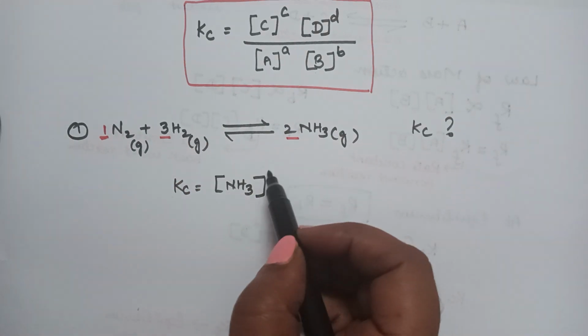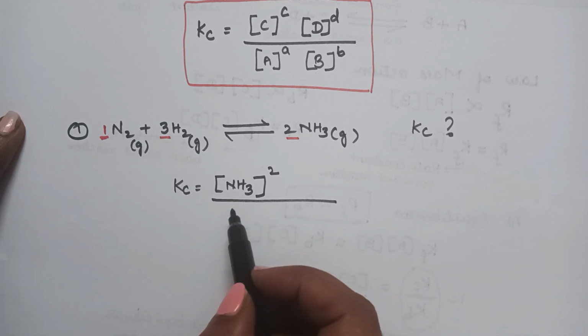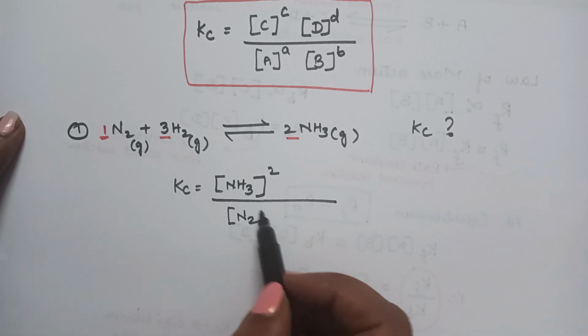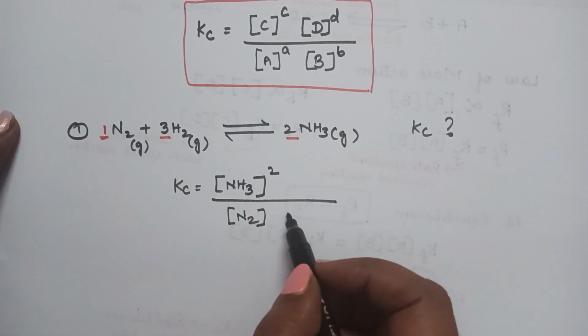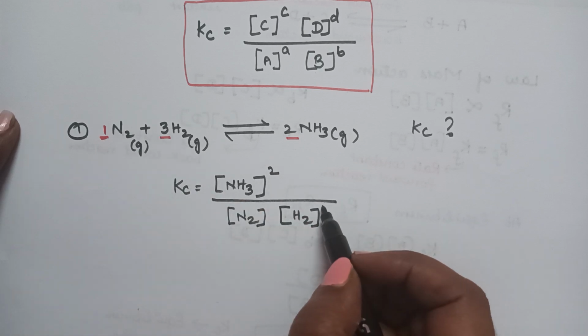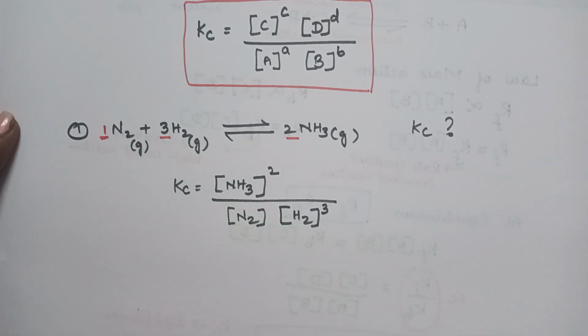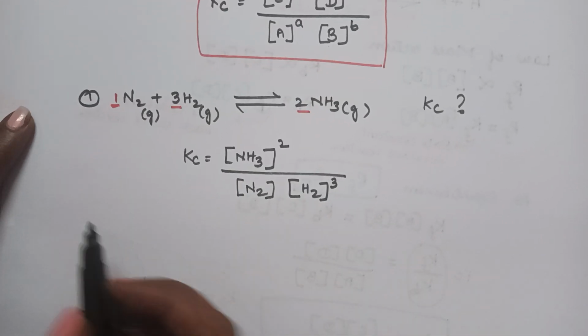So the stoichiometric coefficient is 2, divided by the reactants. The reactants are nitrogen raised to power 1, or you can just write N2, and hydrogen with stoichiometric coefficient 3. So this is how we write the equilibrium constant.